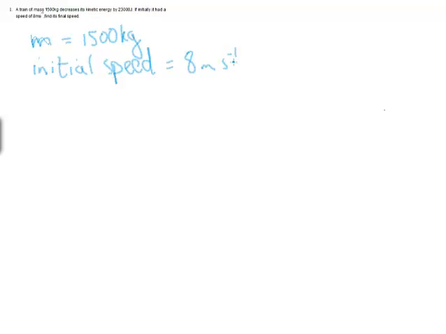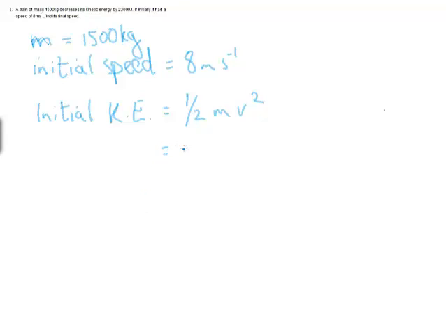Now, the first thing we need to do is find out the initial kinetic energy. So we know initial kinetic energy can be worked out using the formula half times mass times velocity squared.